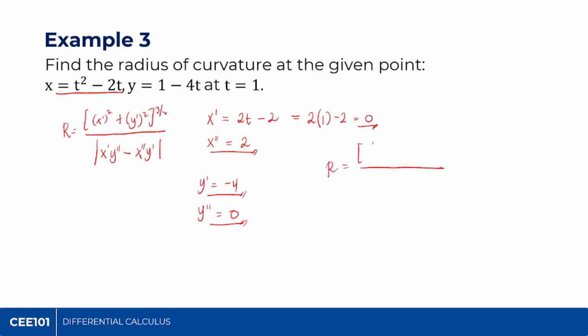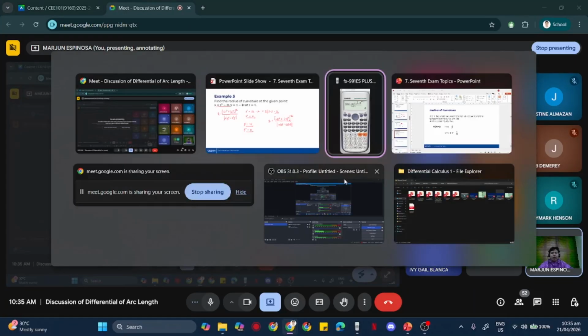So x prime would be 0 squared plus y prime would be negative 4 squared. Okay, that's correct. Raised to the power of 3 halves. So absolute value ng x prime, which is 0, and then y double prime 0, then minus, okay, x double prime, that is 2. Okay, and then y prime would be negative 4. Then that is absolute value. Okay, I kindly get your calculator, no?